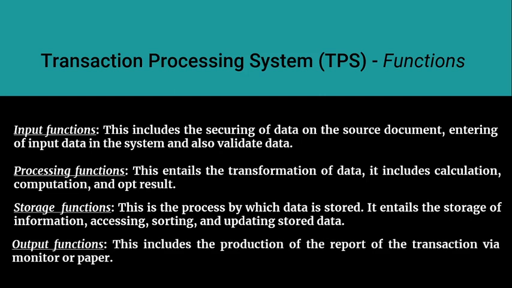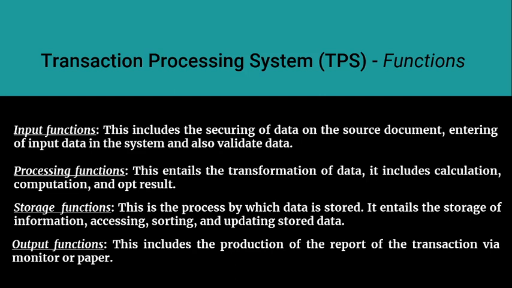And the fourth function, that is output function. So this includes the production of the processed data from the inputs in the form of report of the transaction, either through the screen, that is monitor, or it can be taken in the form of hard copy, that is the printout, or in the form of paper, right?